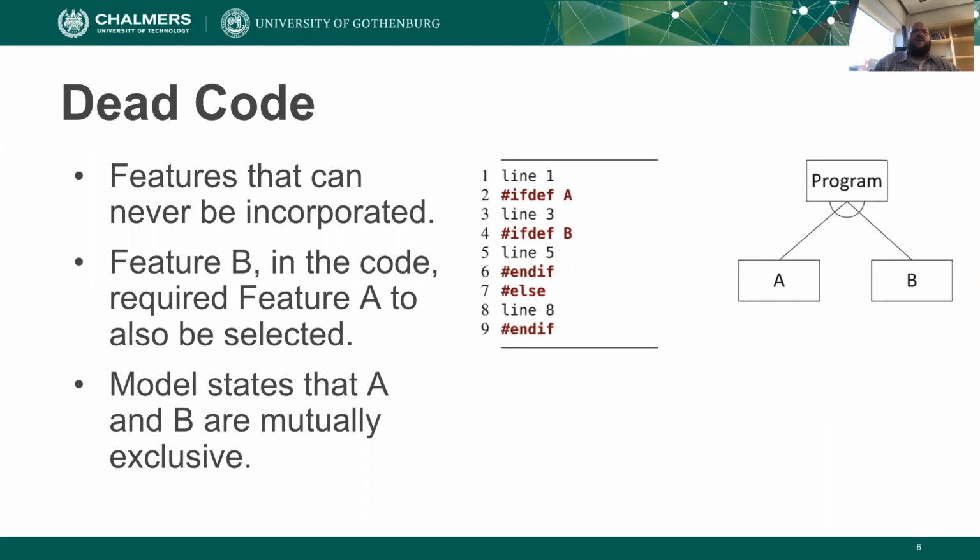The developers were likely unaware that features A and B were defined as mutually exclusive in their model. Or our feature model is too strict and both features could technically be optional, or this could be an or where we can have both at the same time, right? There are different ways we could have looked at this, and we probably should have. They probably should not be mutually exclusive because when we implemented the code, we said no, they're not mutually exclusive. So it doesn't actually match our model, right?